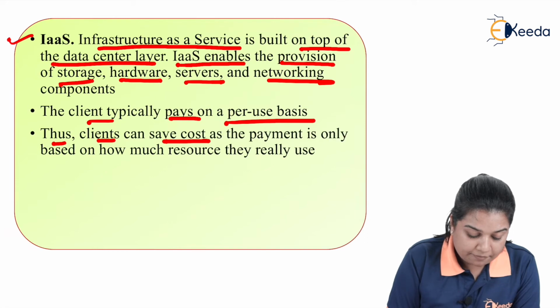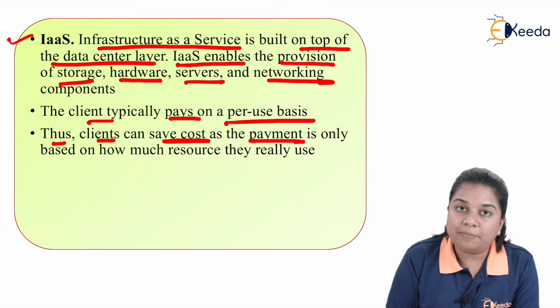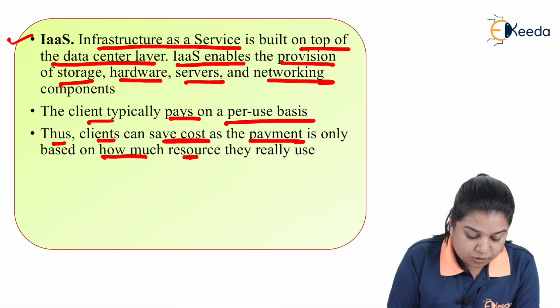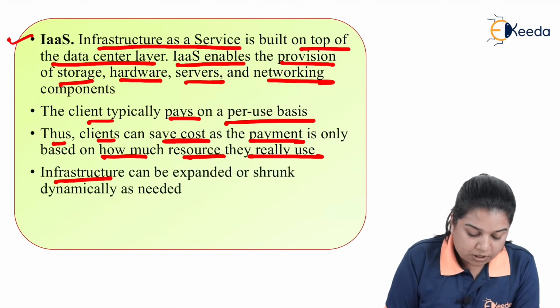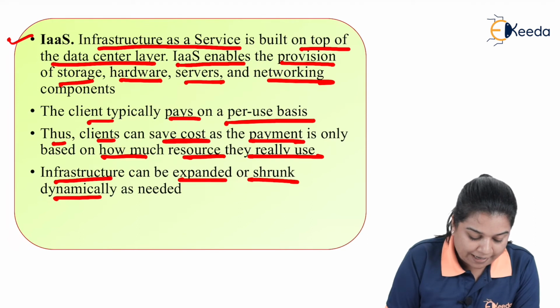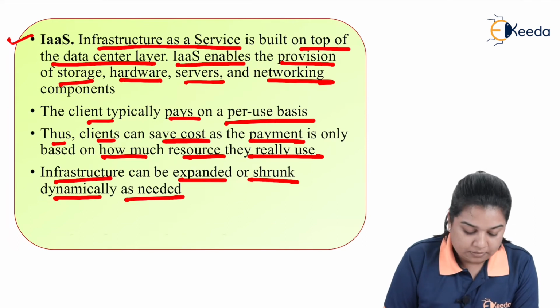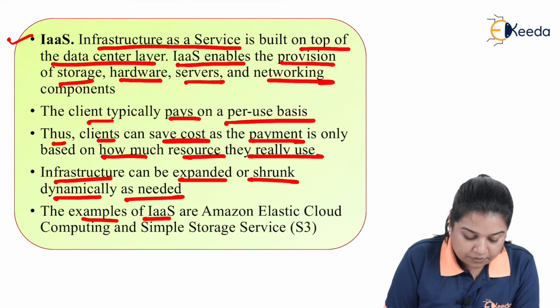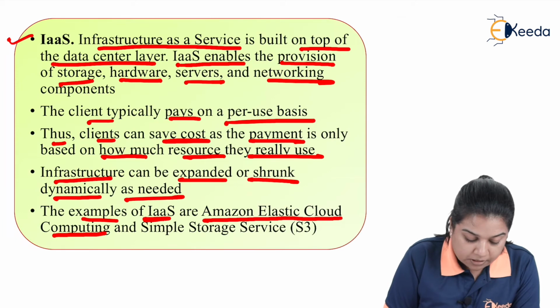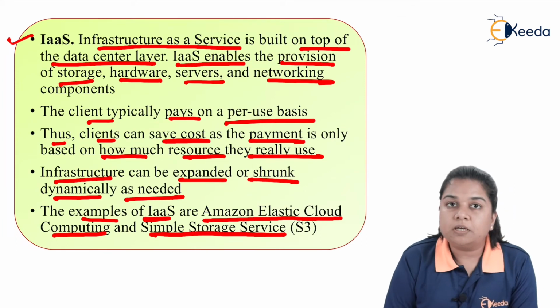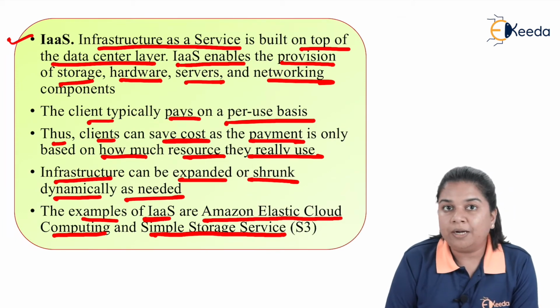Thus, clients can save cost as the payment is only based on how much resource they really use. Infrastructure can be expanded or shrunk dynamically as needed. The examples of infrastructure as a service are Amazon Elastic Compute Cloud and Simple Storage Service S3, that means EC2 and S3.